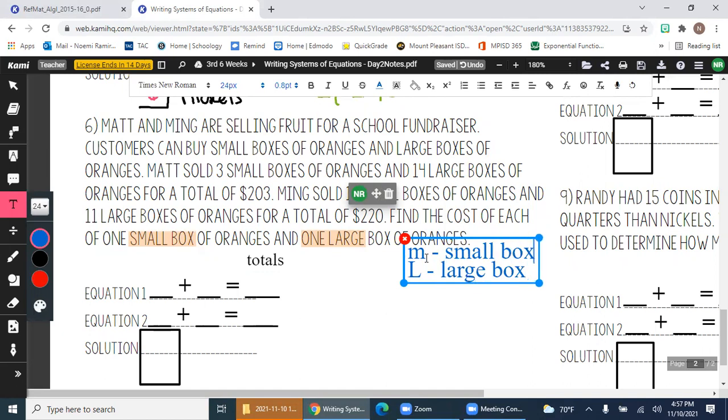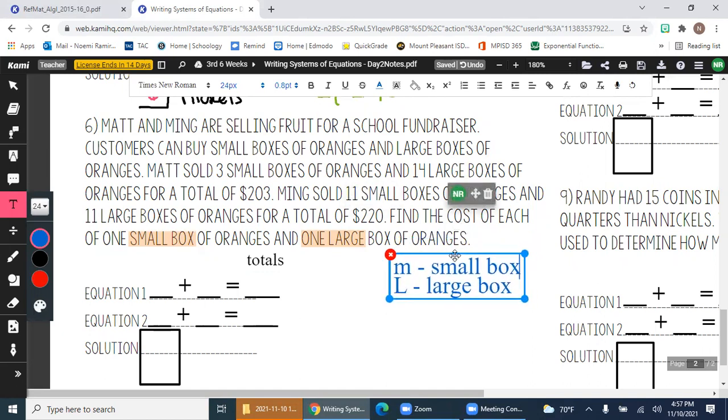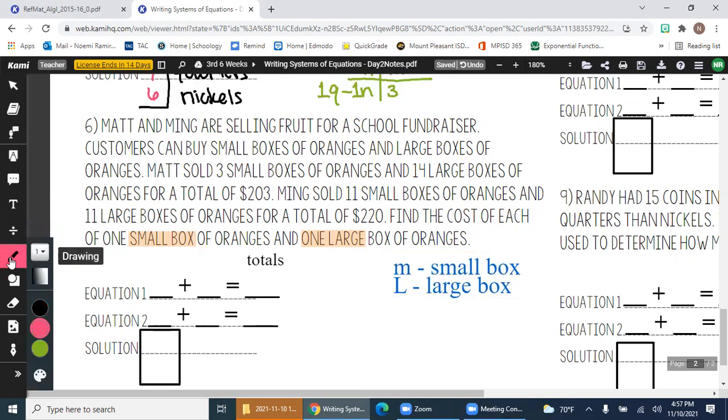Yeah, let's include that box part. That way we know what we're talking about here. So let's go ahead and put those variables in. M, L, M, and I went ahead and drew these boxes. That way I know that my small is going to be here, large over here.